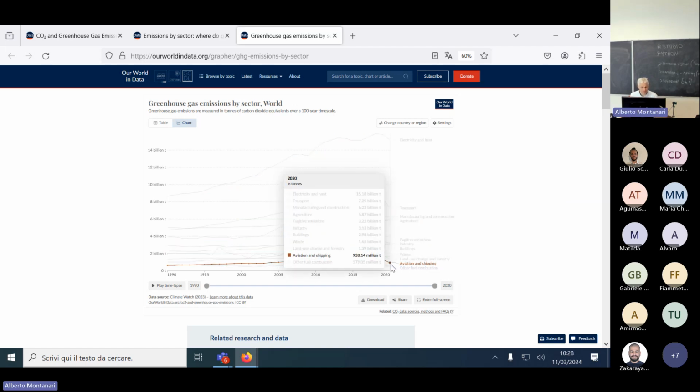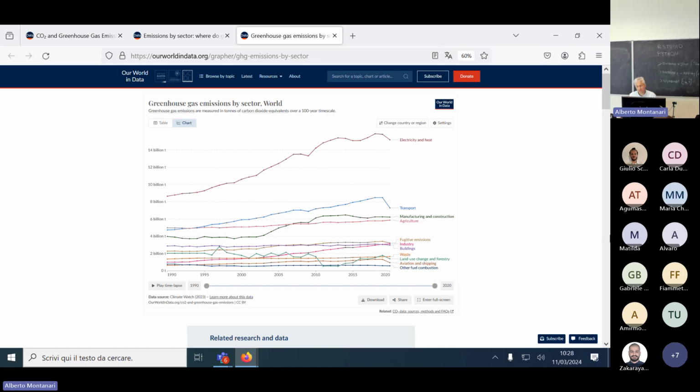Aviation is very low. So sometimes, you know, planes, international flights, it's very low, aviation. And this is something that is obvious, you understand. And if you compare with cars, the number of planes, the flights are not really dominant, okay?